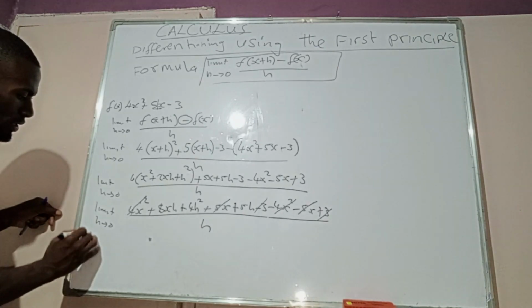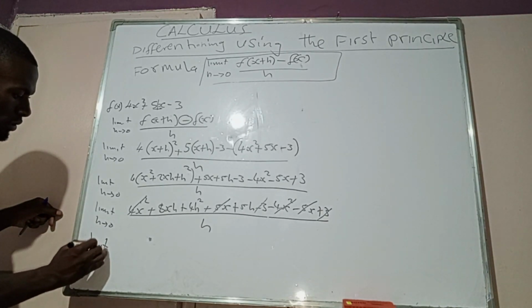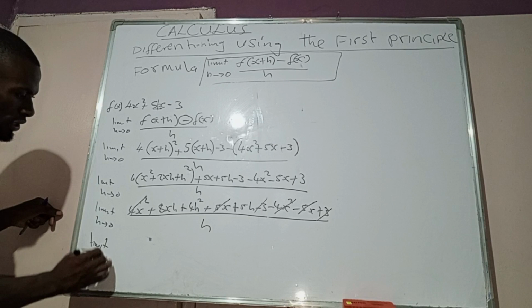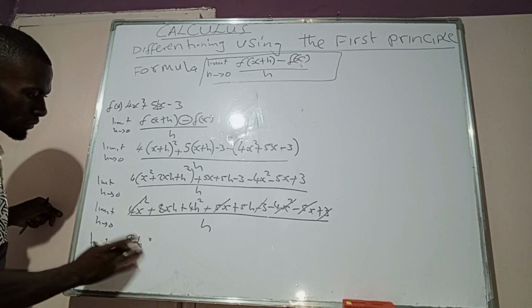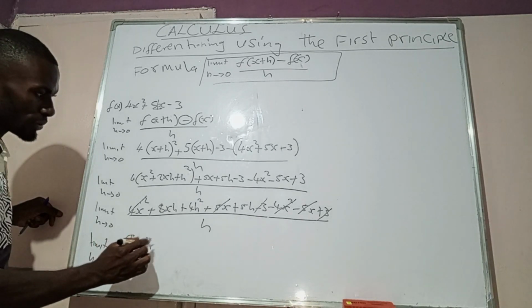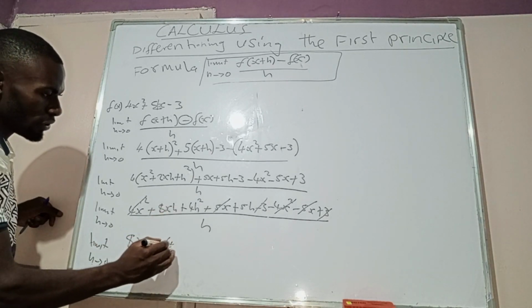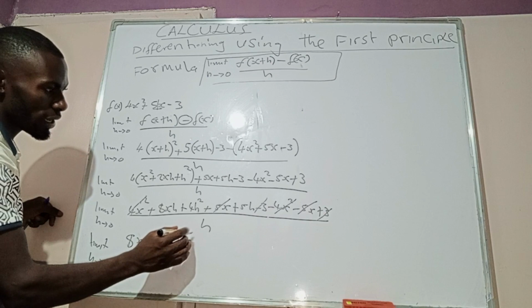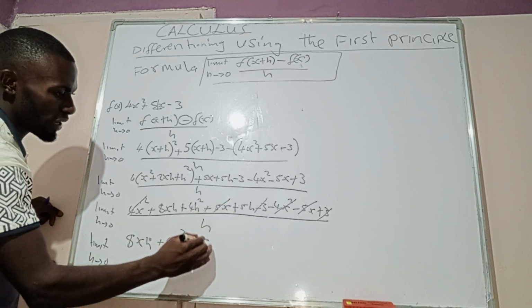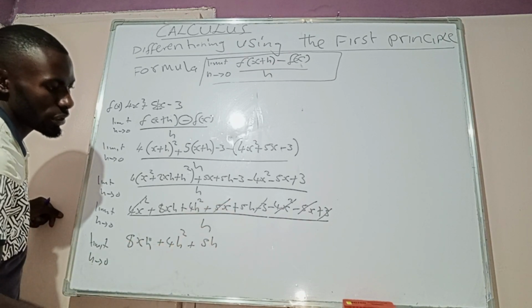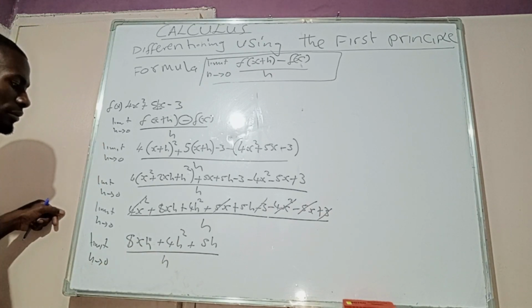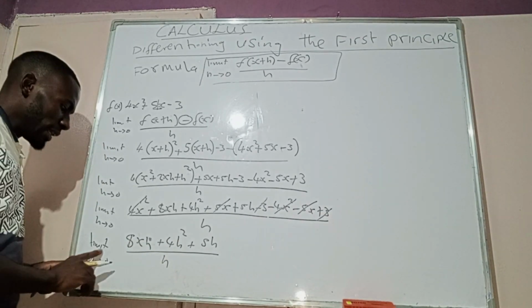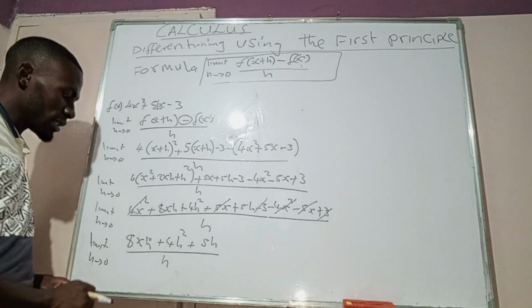So this means limit when h approaches 0, we are remaining with 8xh plus 4h squared plus 5h over h. Okay, so we are saying limit when h is approaching 0.